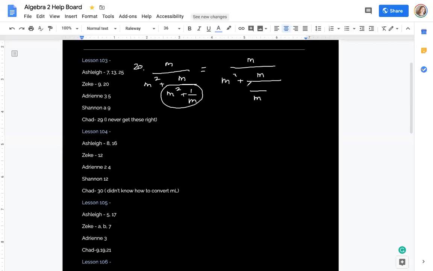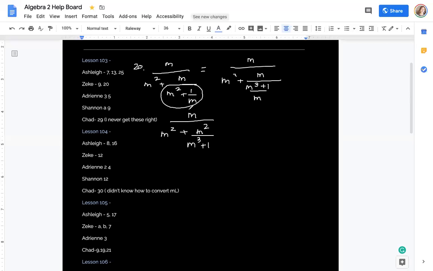So it's going to be m cubed plus 1. I took m times this, and this one doesn't need an m, and then I'm going to flip the bottom over. So we're going to get m squared, plus m squared over m cubed plus 1. Very messy.